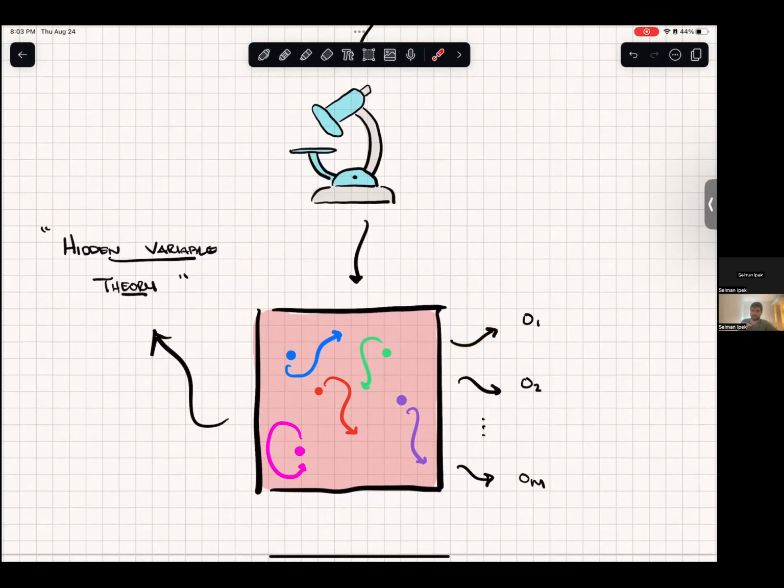Now, if you had just happened to know what that underlying complicated process is, you could perhaps figure out what these outcomes were with some amount of certainty. But the uncertainty of quantum statistics comes from the fact that we don't have access to this finer level of detail.